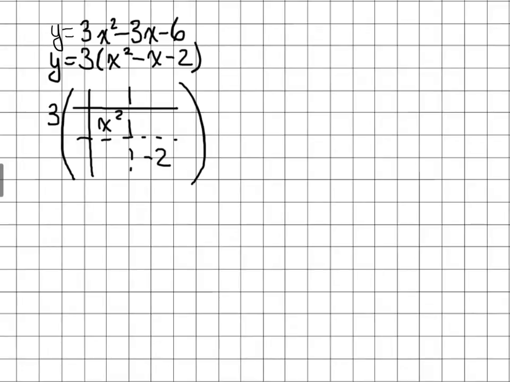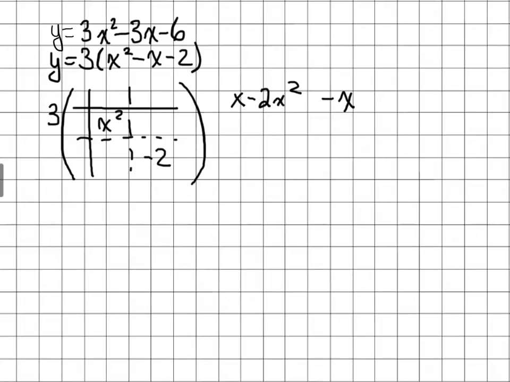So when we're looking at what we have to fill in here, those two have to multiply to negative 2x squared, but they also have to add to this middle term, which is negative 1x. So we need two numbers that will multiply to negative 2 and will add to negative 1.